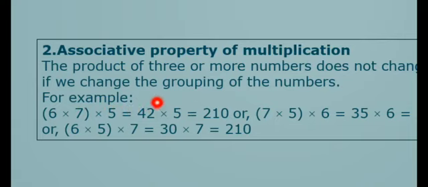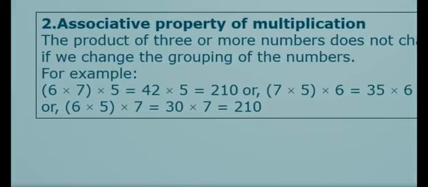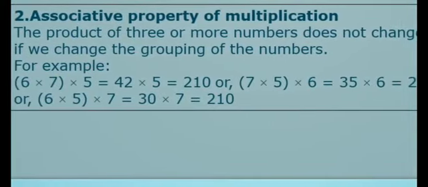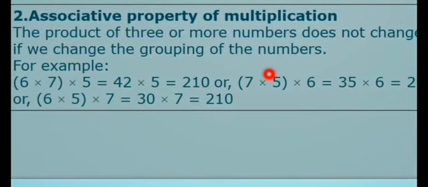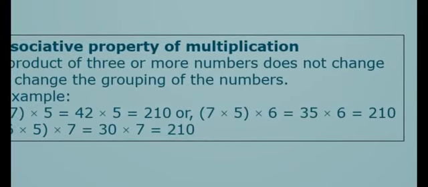Now this 42 we get from the product of 6 and 7. Whereas if we change the grouping, meaning instead of 6 into 7, you take 7 into 5 in brackets and then multiply by 6, the product we get is 35 multiplied by 6. But if you see, the final answer remains the same.